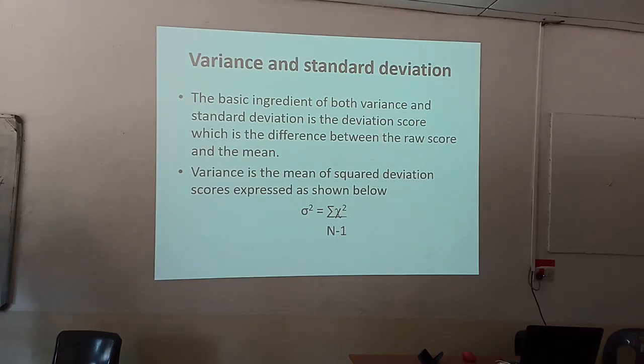So each score has to be related to the central score, which is the mean. That we do by taking the score minus the mean, and what you come up with from that is called a deviation score. So you come up with deviation scores which are negative, and deviation scores which are positive.